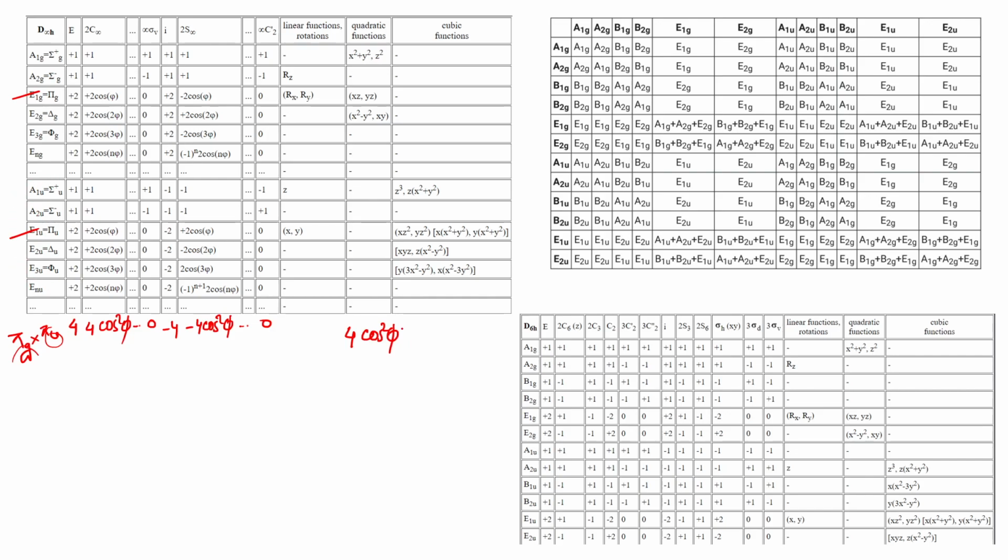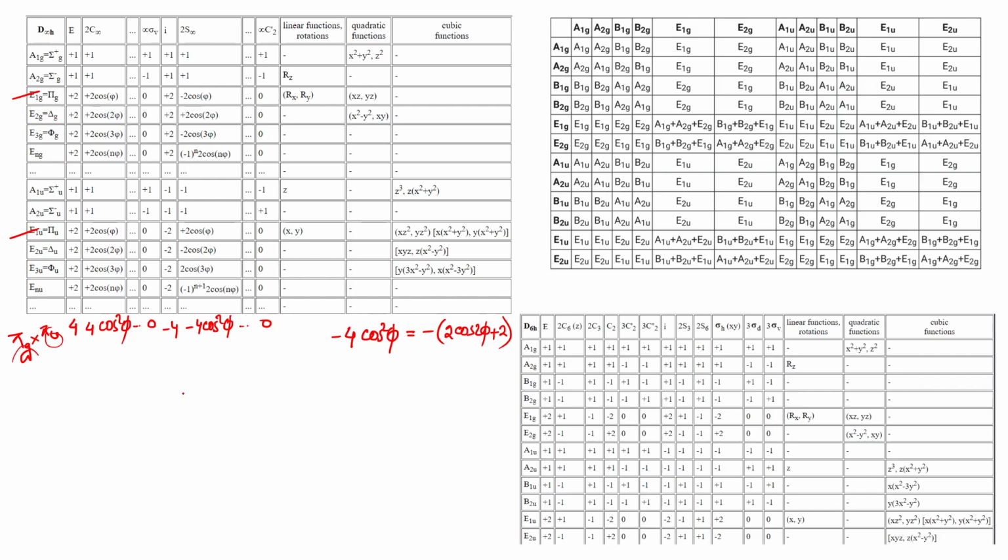So by looking at this, you also know minus 4 cos square phi will be minus 2 cos 2 phi plus 2, right? So it is minus 2 cos 2 phi minus 1 like that.